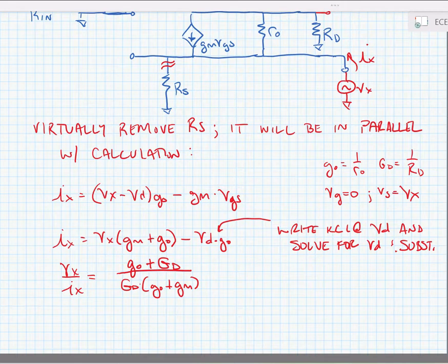Now, generally we can make a couple of assumptions. If Go is much, much less than Gd, in other words, the intrinsic output conductance of the transistor is less than the conductance of the load resistor, which is normally going to be the case, then we can make an approximation and say that this is equal to 1 over Go plus Gm.